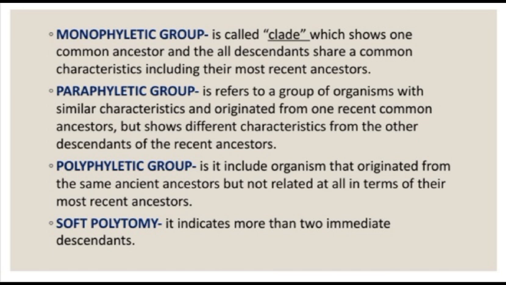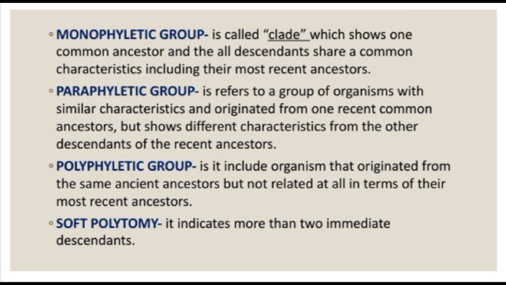Polyphyletic group includes organisms that originated from the same ancient ancestors but are not related at all in terms of their most recent ancestors. So it means this includes organisms that may look similar but do not share a recent common ancestor. So for example, a dolphin and a fish both live in the water and look alike, but they are from very different ancestors.